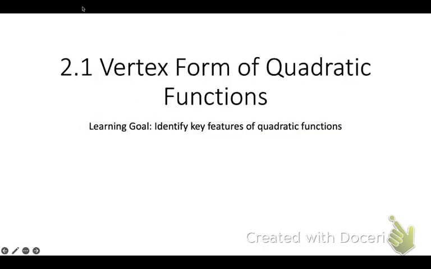Okay, so 2.1, vertex form of a quadratic function. Okay, so we've gone over vertex form. That's that H and that K, yes? H and K. Left, right, up, down. Okay, so we're going to specifically be working with quadratics, which is a parabola.